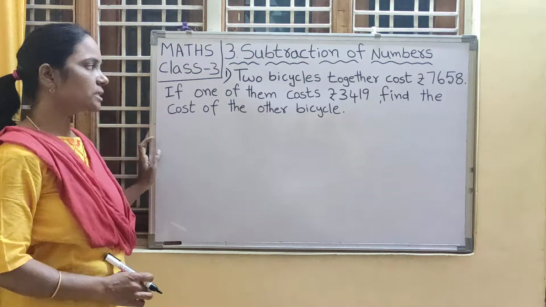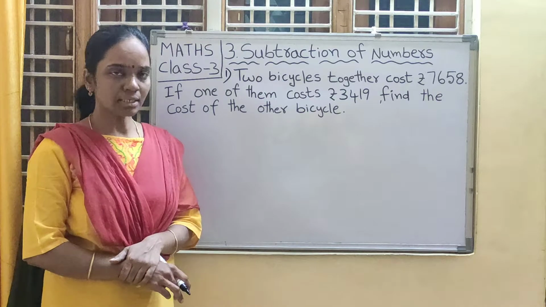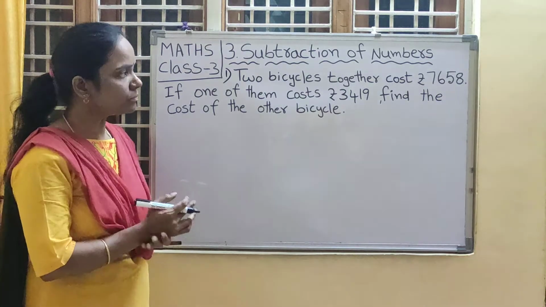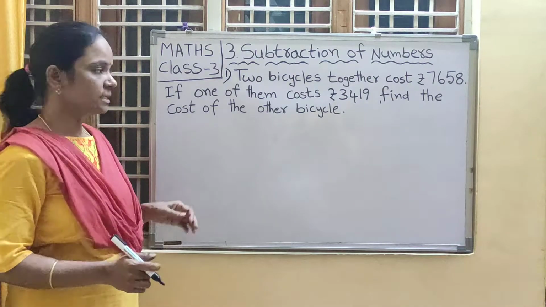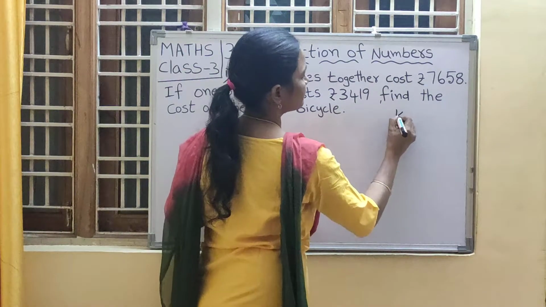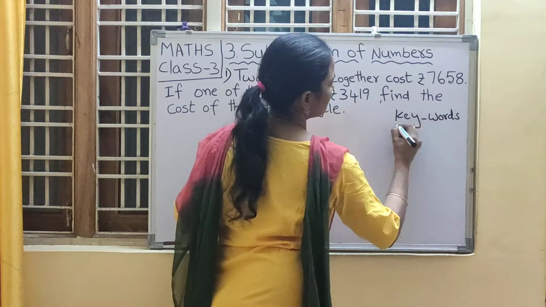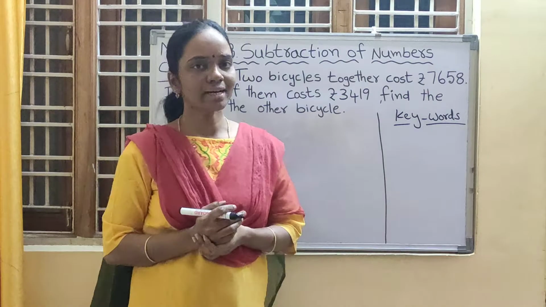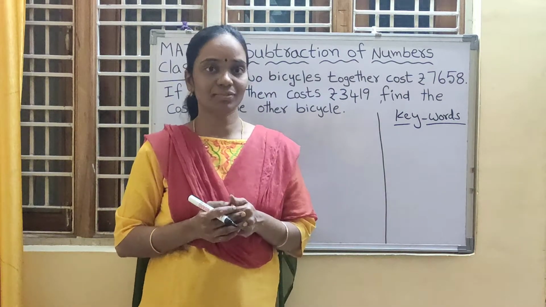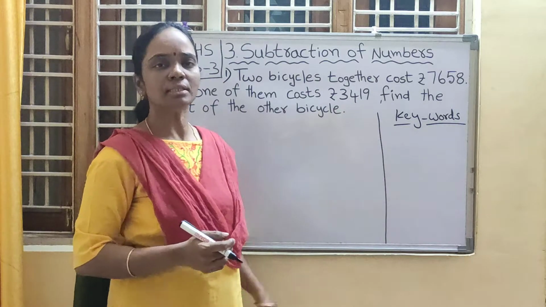So before going to solve a word problem, we have to follow 5 steps. And before that, I want to give you the keywords for subtraction. Okay, write down the keywords. What are keywords for addition? Putting together, total, in all, right? Like that. What are the keywords for subtraction?